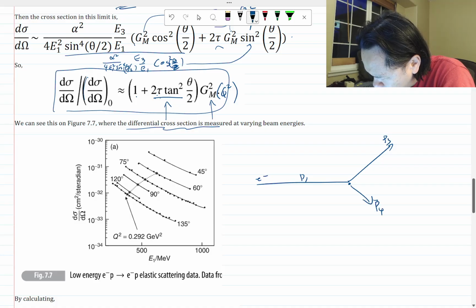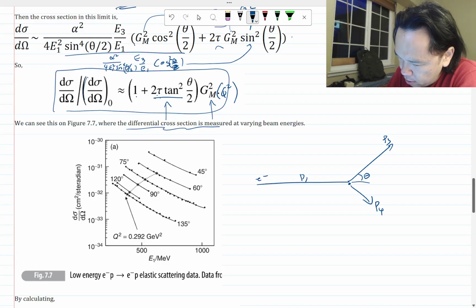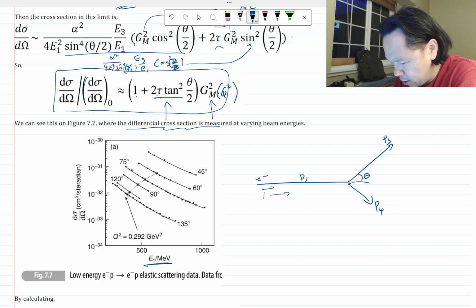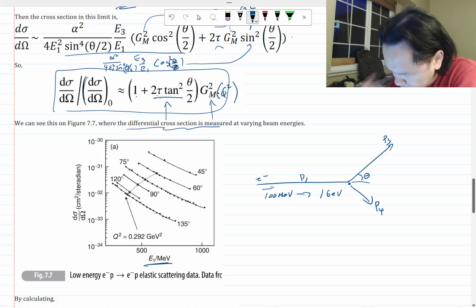Actually, we don't even need to draw this because you never observe P4 anyway. So this angle here: if these electrons are coming out at 45 degrees, as I change the energy, this is the dependent variable here. I go from low energy to high energy, maybe you can't really get too low, like maybe 100 MeV up to about 1 GeV. That's the energy range that we're dealing with.